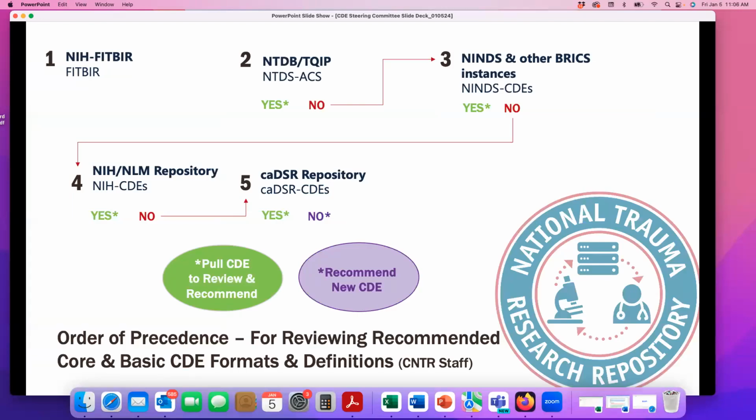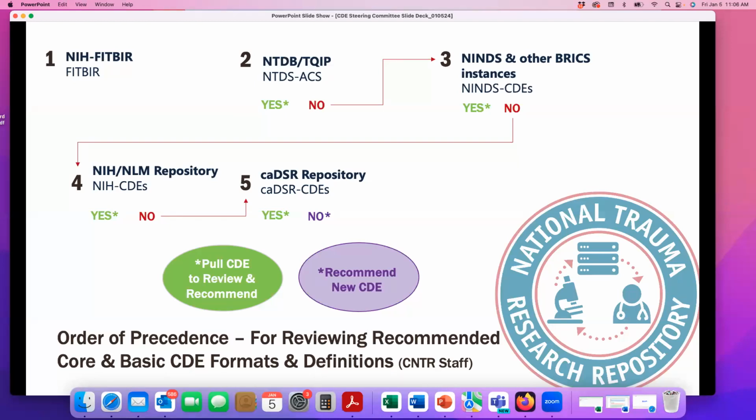The center staff, along with the executive steering committee, have done some work in order of precedence. In other words, when you decide that you want to collect a data element, how are we going to determine what's going to be the best data element and definition to use? Because this project is to align with FITBR, looking at the data element and looking to see if it is a common data element defined in FITBR would be the first step.